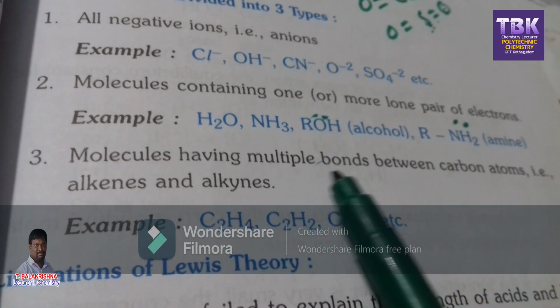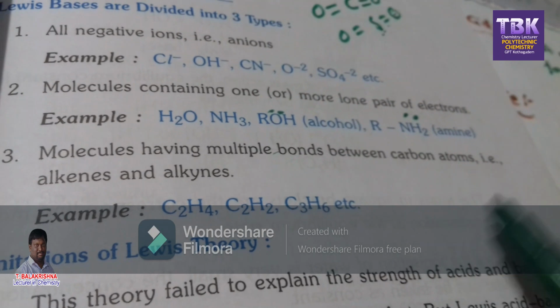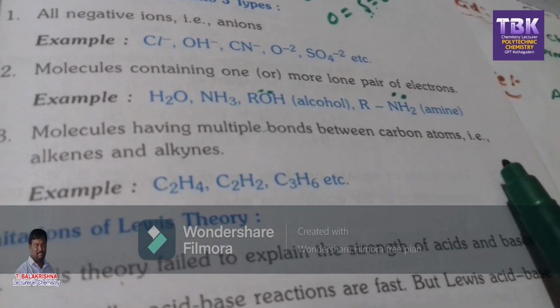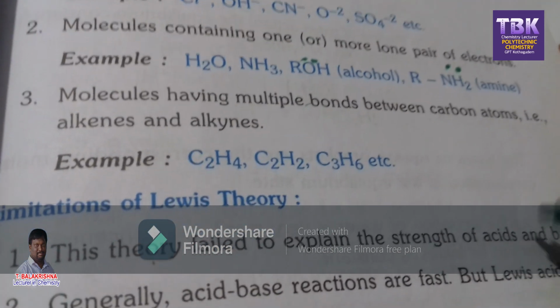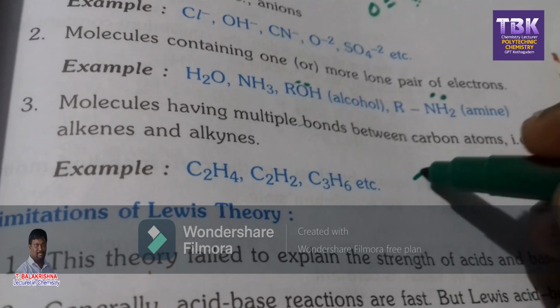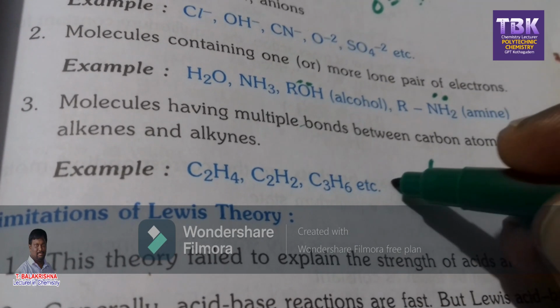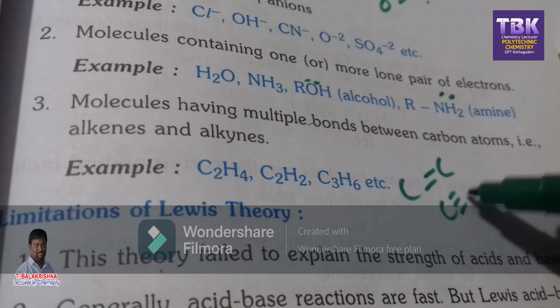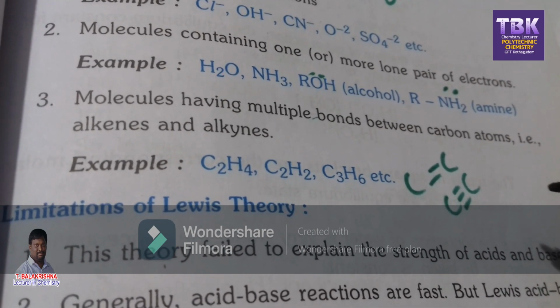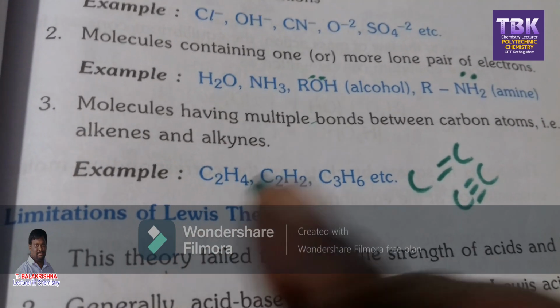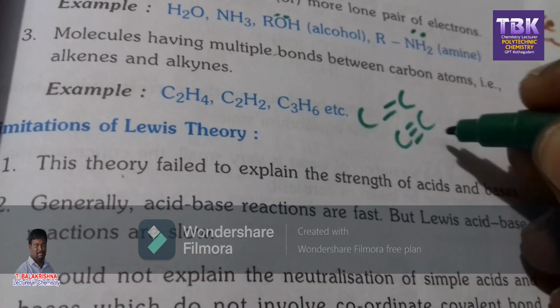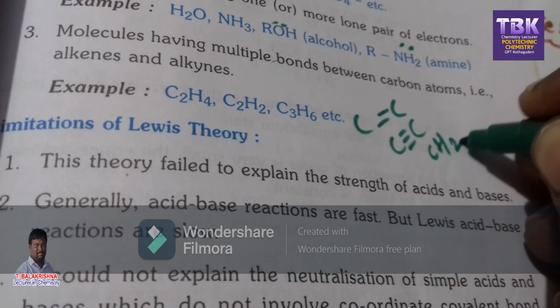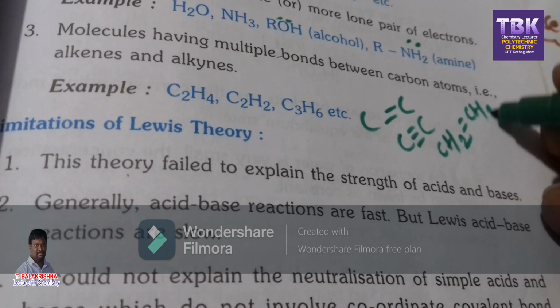The molecule having multiple bonds between the carbon atoms, like alkenes and alkynes. We know alkenes have a double bond between the carbon atoms. Alkyne means a triple bond between the carbons. Take the example of ethylene. This is the structure of ethylene: CH2 double bond CH2.